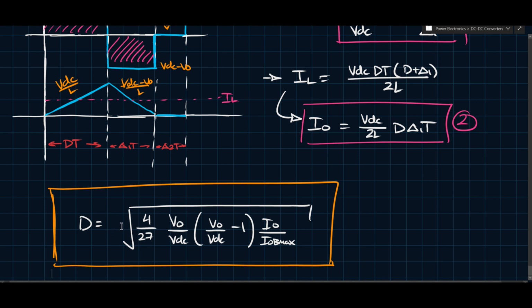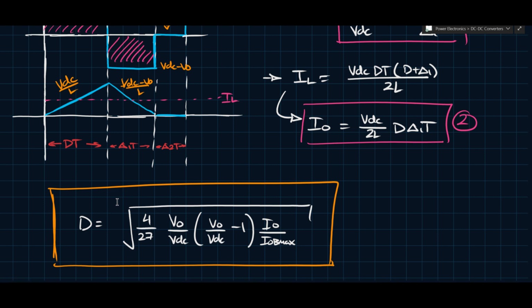And whenever we're working with this kind of stuff in practice, VO is usually held constant. You don't vary your conversion ratio very often. You vary the duty cycle, and that usually in turn varies the conversion ratio.